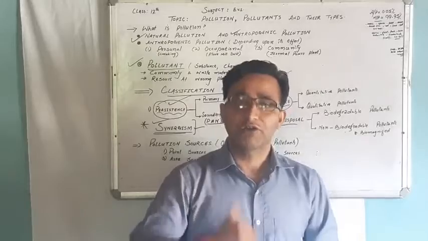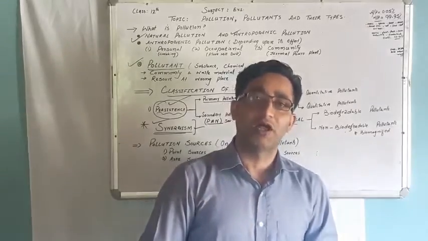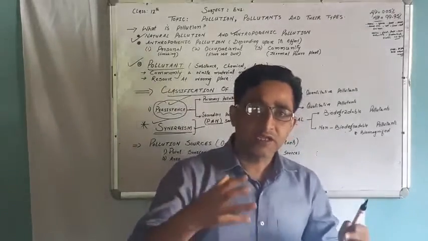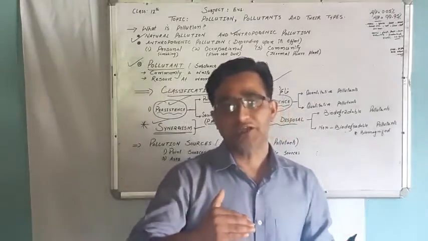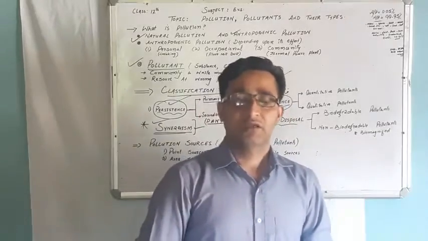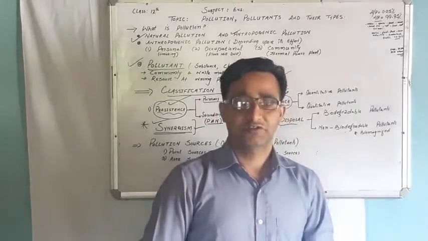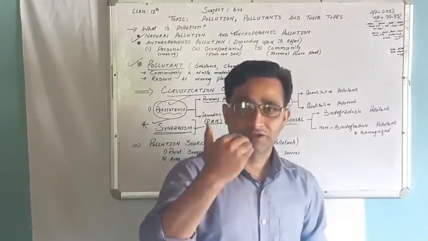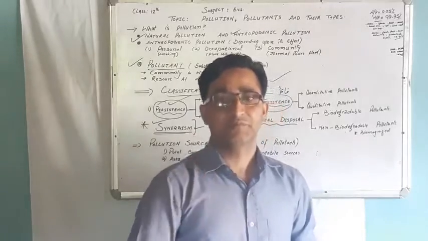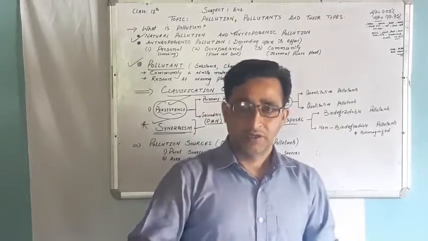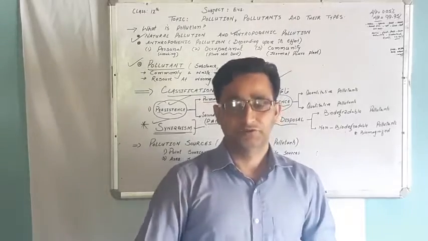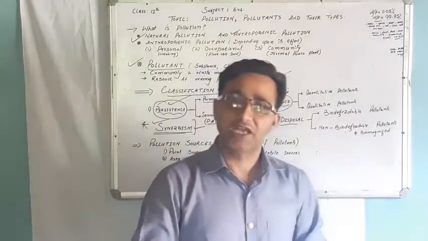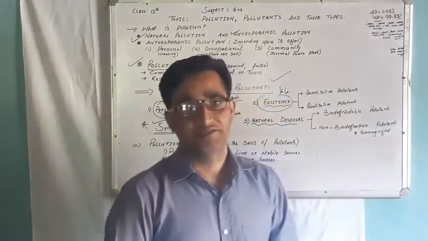Basically, quantitative pollutants are the normal components of the environment, and they become pollutants when their concentration increases beyond the threshold limit or beyond the optimum limits. जो जिस लेवल में ये होना चाहिए, जब इस लेवल से इसकी कंसंट्रेशन exceed हो जाएगी, at that time it is considered as a pollutant.